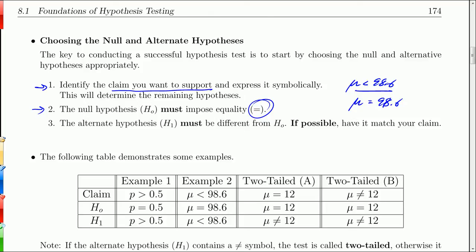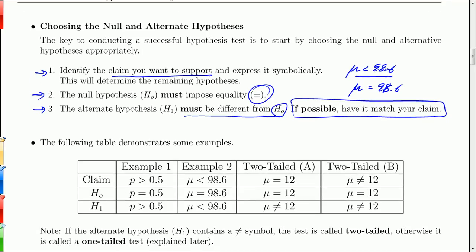The alternate hypothesis has to be different from the null, because if you're going to reject the null, you have to have an alternate that is different. You can't reject one thing and then accept the same thing. And if possible, have it match your claim. Every once in a while, that won't be possible.